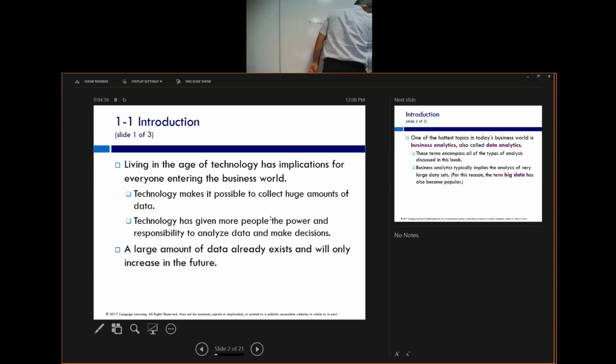One of these input variables, x1, x2, or x3, they're unknown, and we try to simulate these variables with probability distribution. So these two types of analysis, data analytic methods, fit into this category, prescriptive analytics.